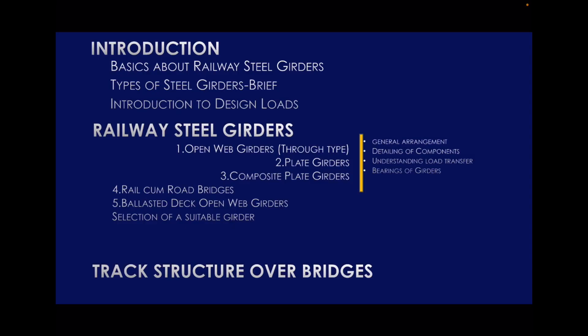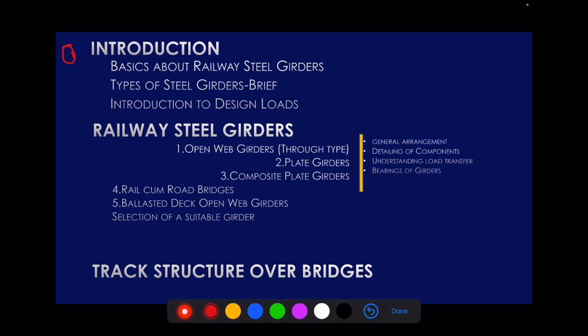So how has the course structure been set up? The course is mainly divided into three sessions. Number one is introduction. Number two is types of railway steel girders. And number three is track structure over bridges.